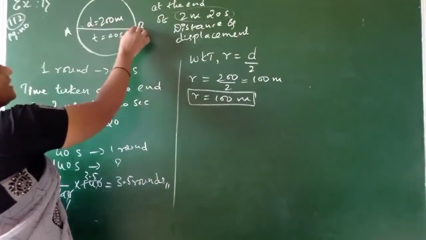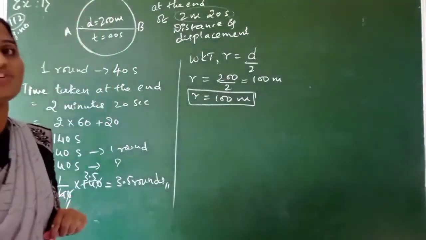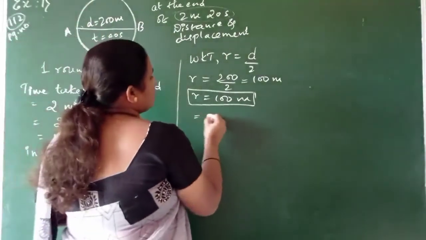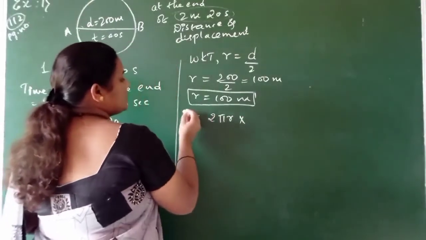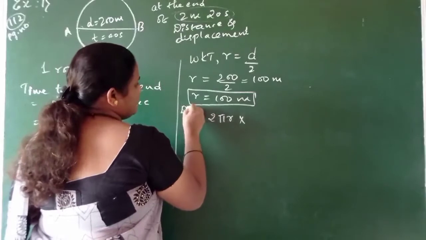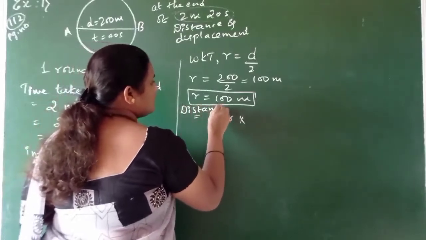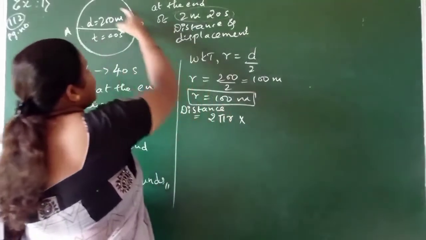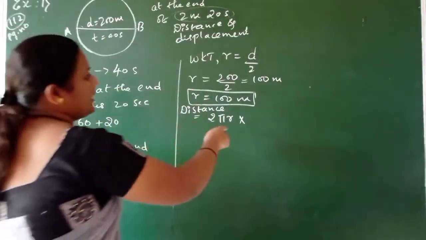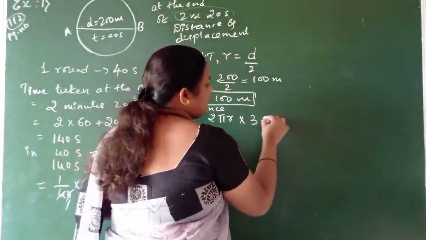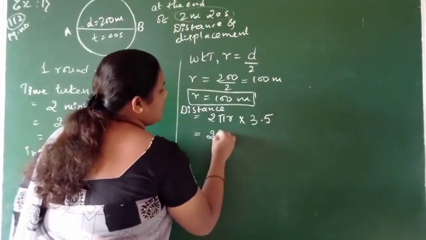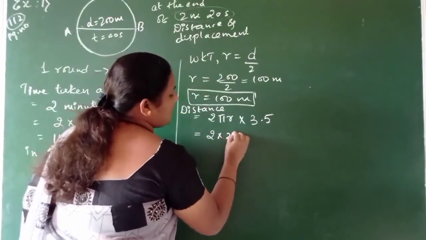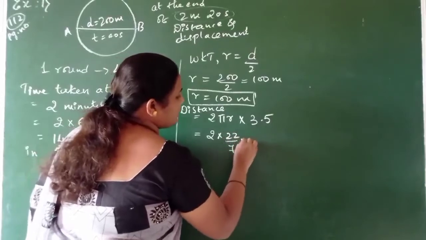And what is the circumference of the circle formula, children? That is 2 pi r into how many rounds? This is the distance, isn't it? So distance is 2 pi r, because the circumference of the circle, into how many rounds he will make? 3.5. Now substitute the values. 2 pi r. The pi value we already know, 22 by 7.